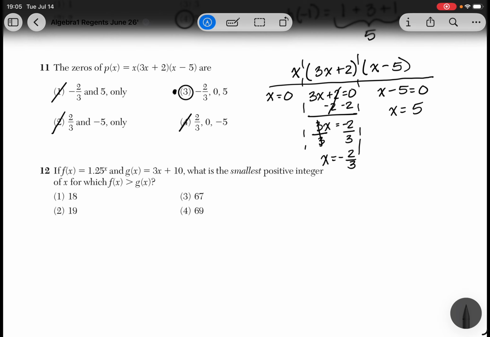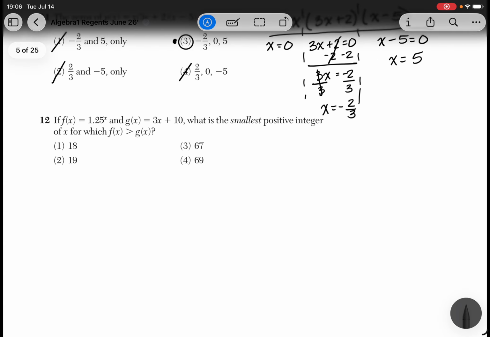Not bad. Okay, question number 12. If f of x equals 1.25 raised to the power of x and g of x equals 3x plus 10, what is the smallest positive integer value of x for which f of x is greater than g of x?